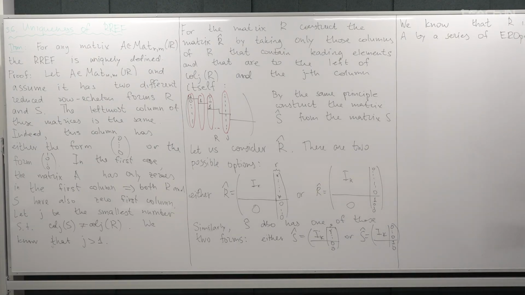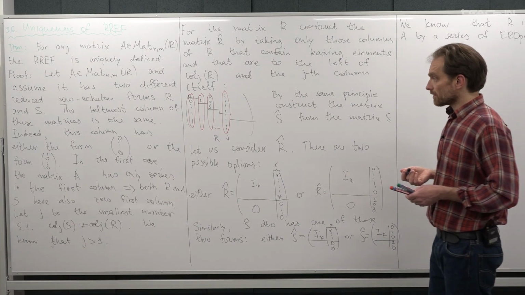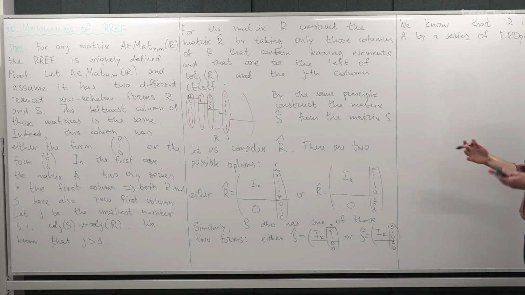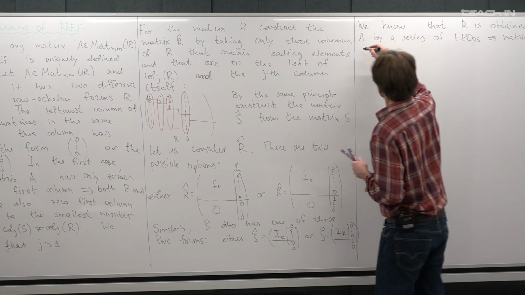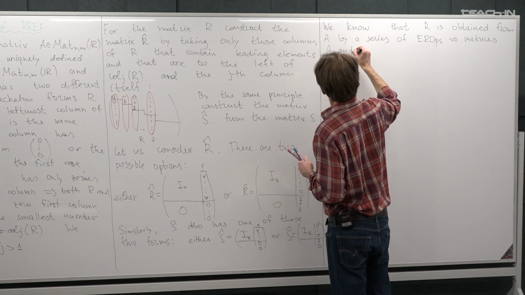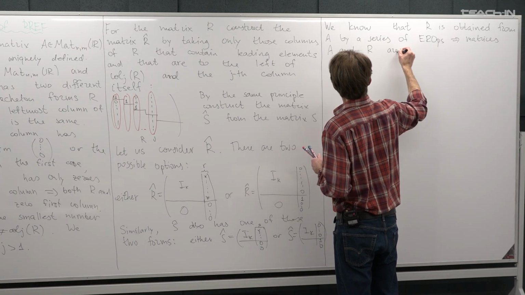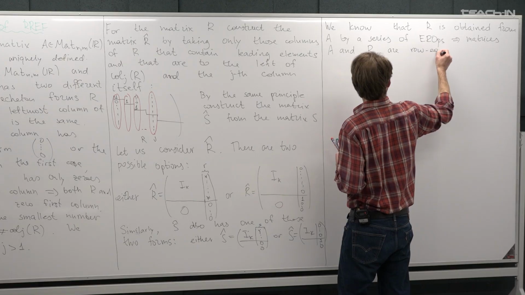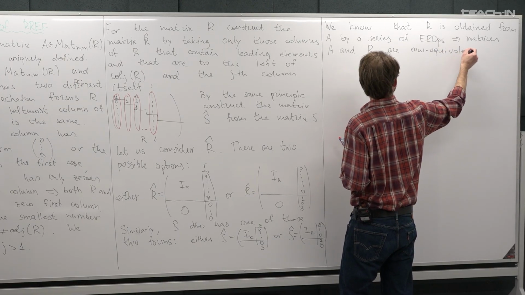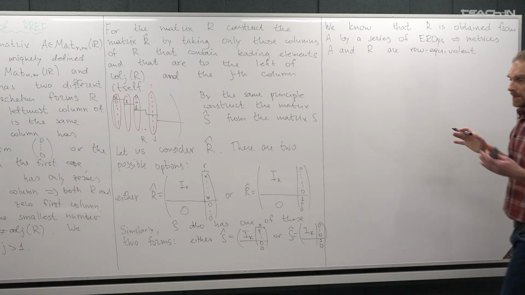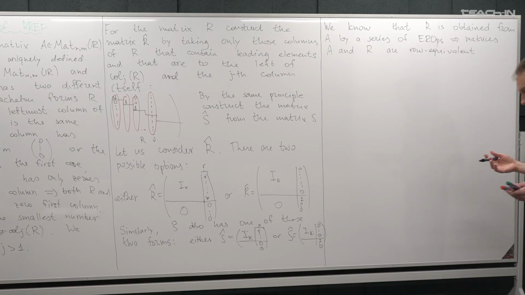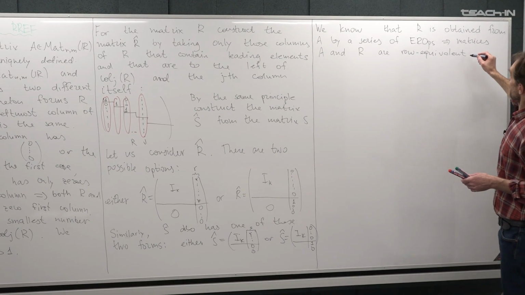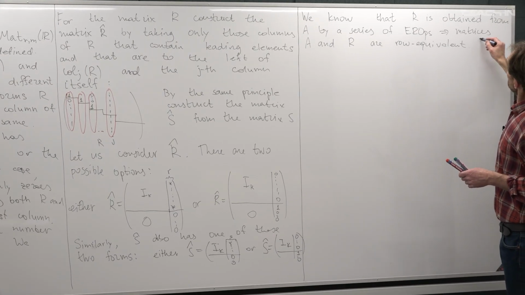All elementary row operations, as we discussed previously, are invertible, so we can go back, and that's why matrices A and R are row equivalent. So each one of them can be obtained from the other one by a series of elementary row operations.